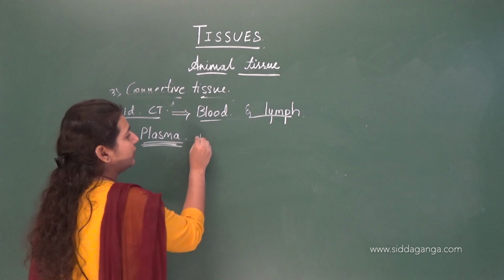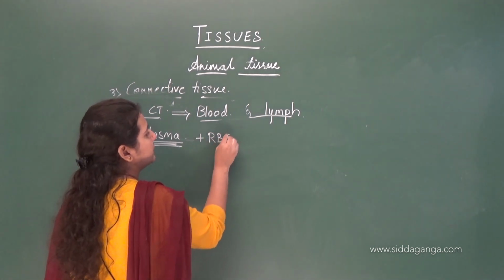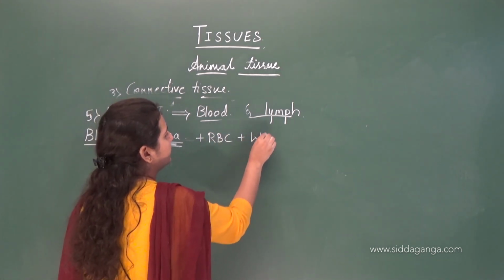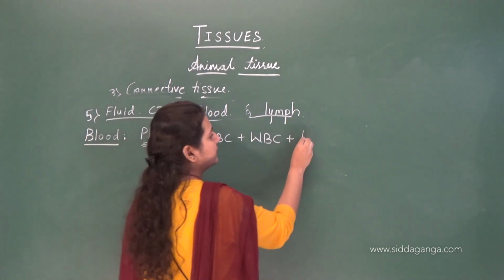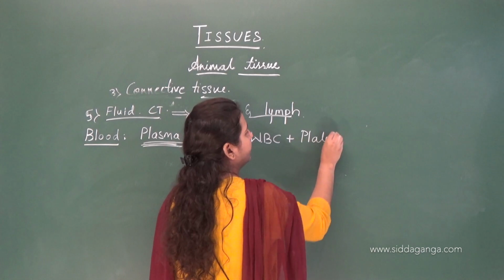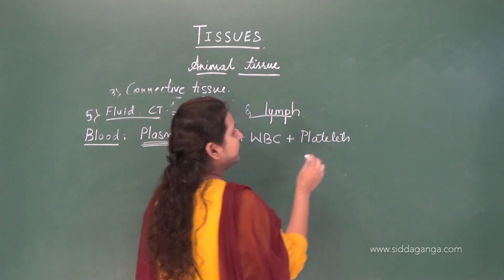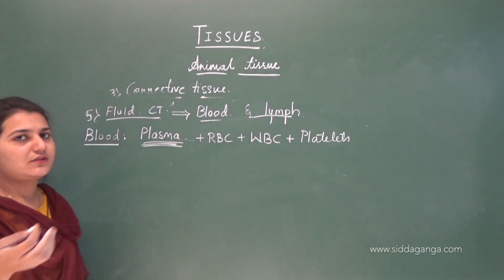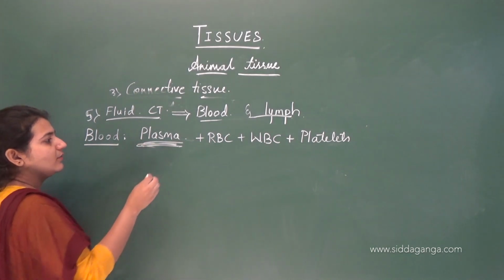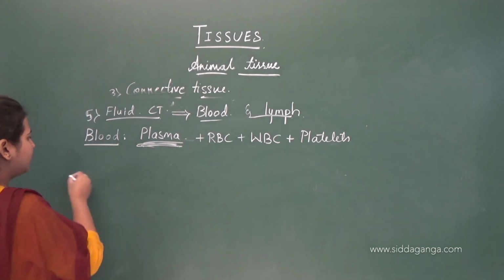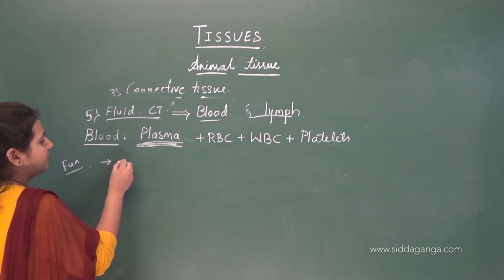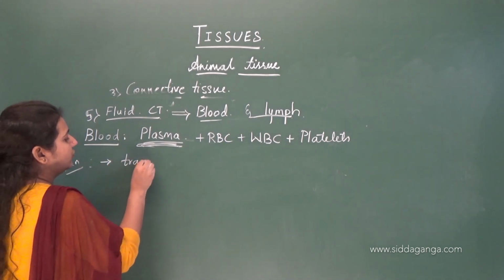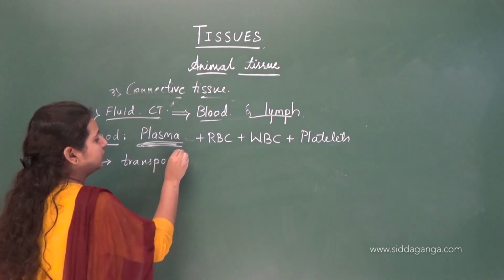It also contains RBC, WBC, red blood corpuscles or red blood cells, WBC, and also platelets. These are embedded in the fluid matrix of the blood. What is the fluid matrix in the blood? That is plasma. And what are the major functions of this blood? You all know it helps in the transportation of nutrients from one organ to another.